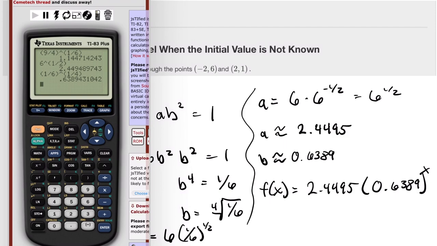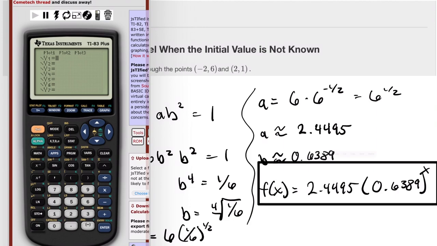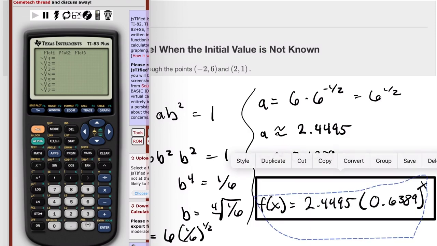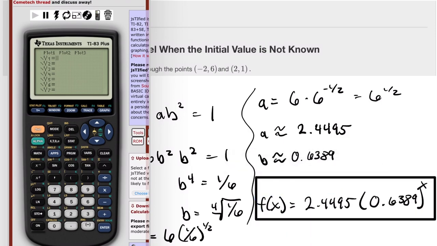Okay. So then let's check this before we go forward. I'm going to enter 2.4495 times 0.6389 to the power of x, close the parentheses.